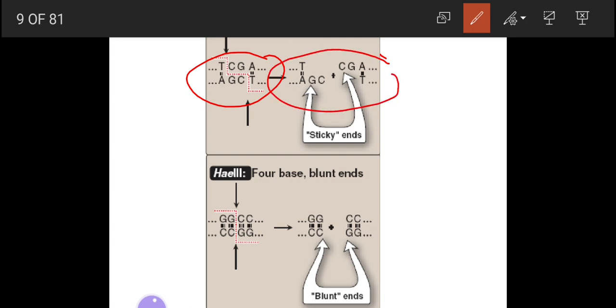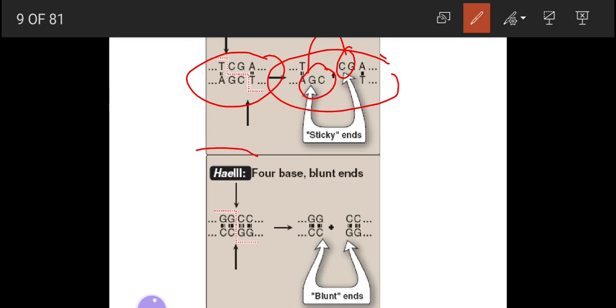Sticky ends means they produce ends which have sequences that can form bonds with each other, because they have complementary overhangs. They can stick easily again to each other.